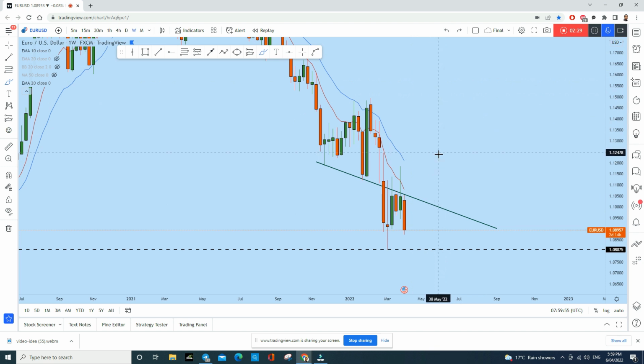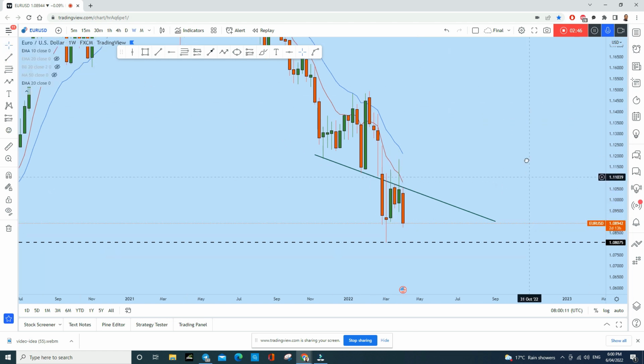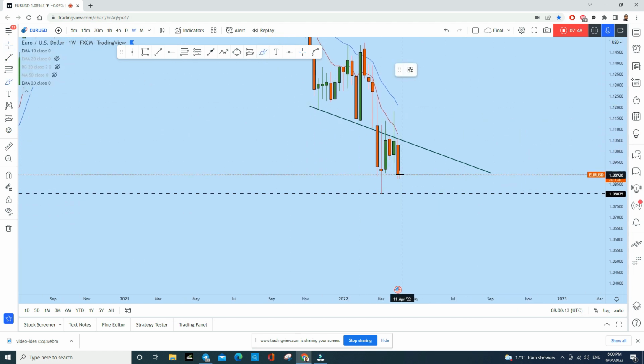At the same time, one pattern we can see here, there has been a double top formation on the weekly time frame. You see with this green candle and the red candle down, with green candle up, red candle down. So basically it is creating a double top formation on the weekly, meaning that we might see a further move to the downside with this instrument.